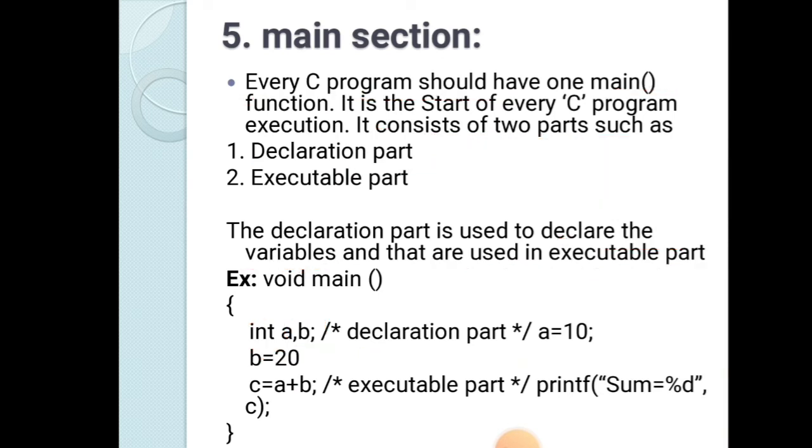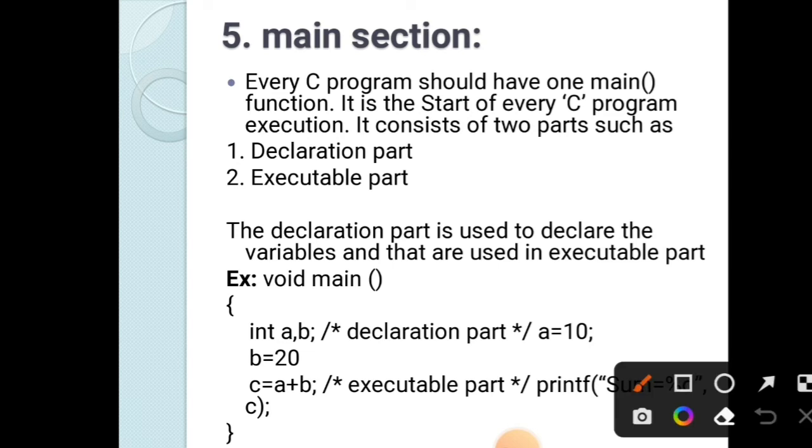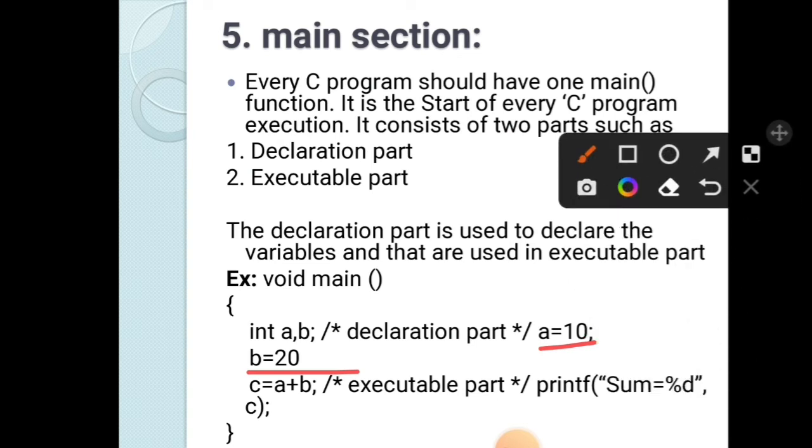A is equal to 10. B is equal to 20. Next, we are executing. We are taking one more variable, that is c. C is equal to a plus b. A value is 10, b value is 20 and c value is 30. So this is the executable part.